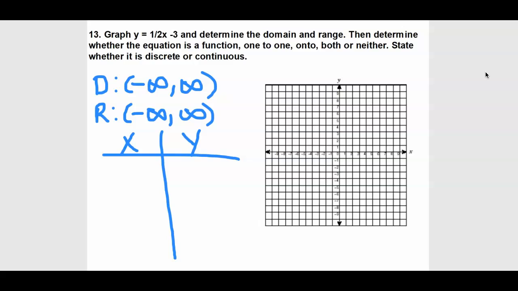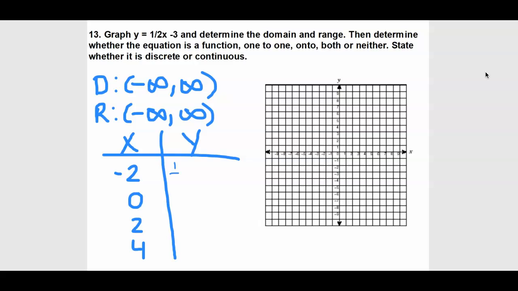And then what we're going to do is just plug in some values of x to graph the line. So I picked even numbers because we were multiplying by a half. You could have done ones and negative ones too. It just is going to give you fractions. So to get the values in the table, what we're going to do is plug -2 into that function.